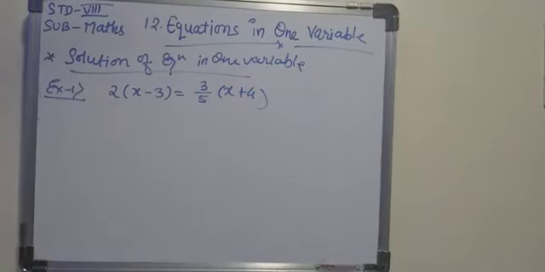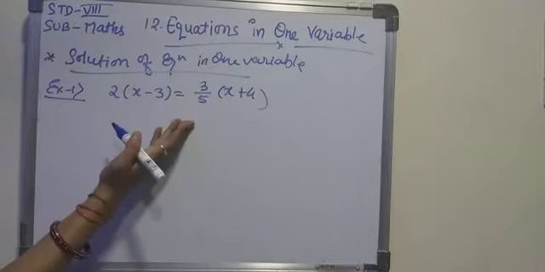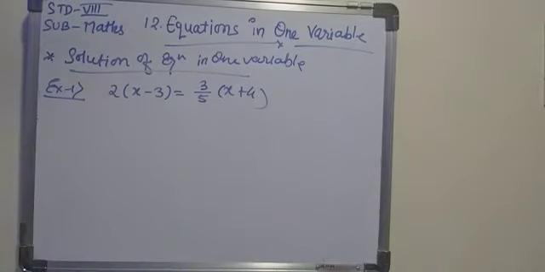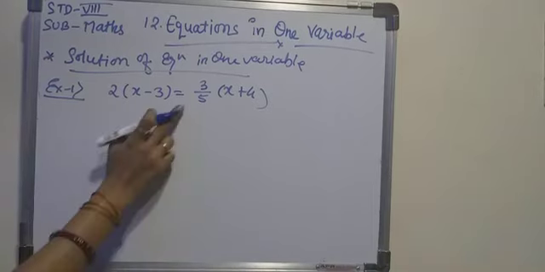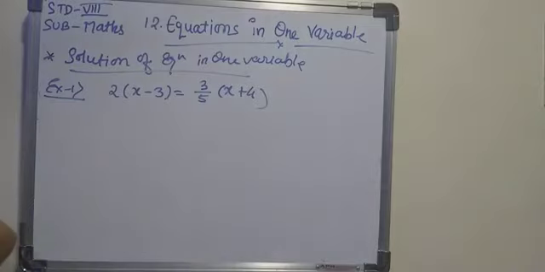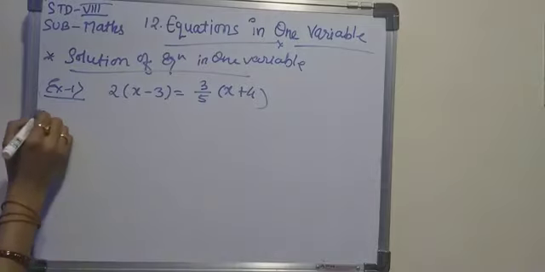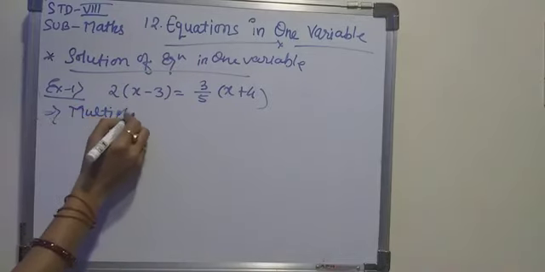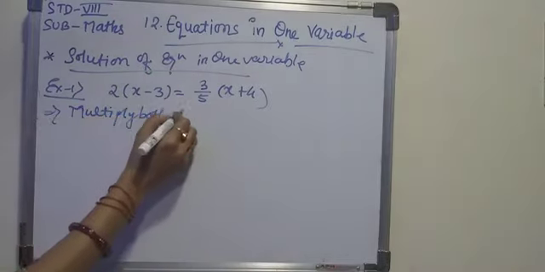As I told you the rules, whichever operation you apply, whether it is addition, subtraction, multiplication or division, in an equation in one variable you have to apply it on both sides of the equation. First I am going to apply the multiplication operation. I have to remove this 5, so I multiply both sides by 5.